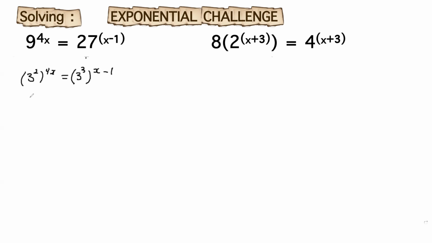And this becomes 3 to the power of 8x equals 3 to the power of 3x minus 3. Now, since the bases are the same, we equate the exponents. So cancel the bases, and we'll have 8x equals 3x minus 3.